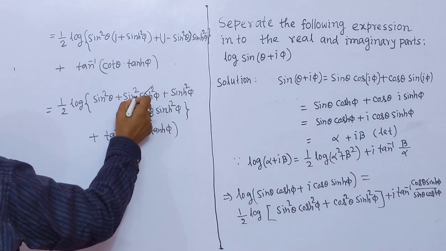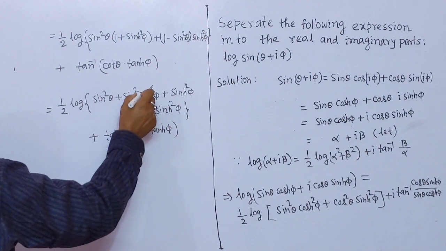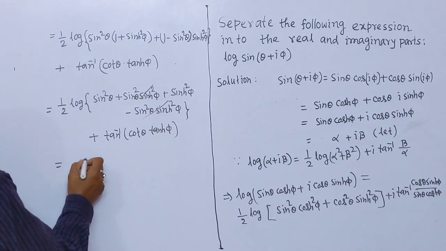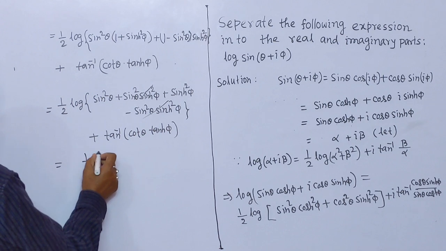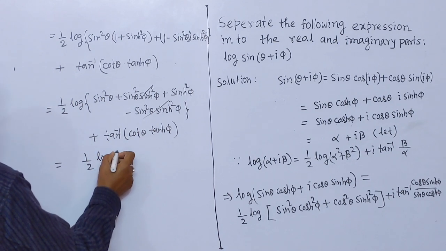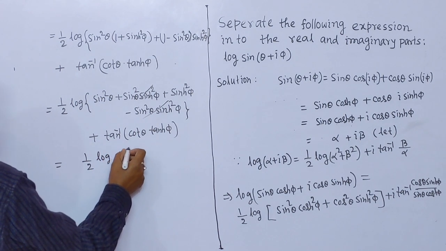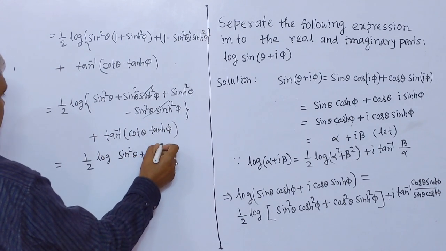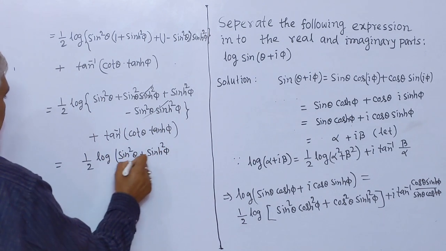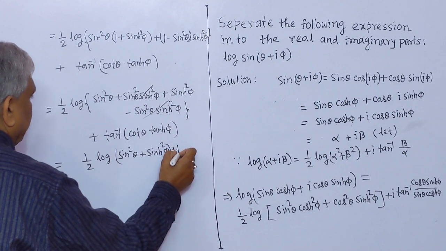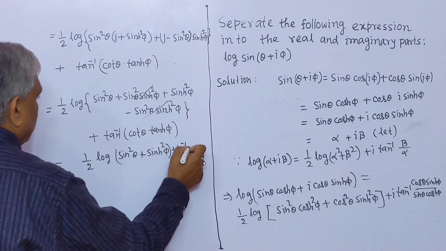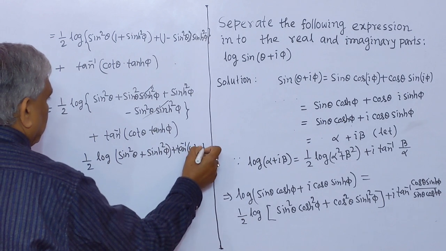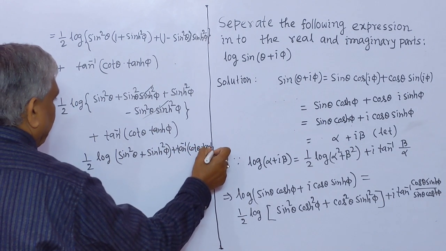This sin square theta sin hyperbolic square phi and this cancel, and this will be equal to half log sin square theta plus sin hyperbolic square phi plus tan inverse cot theta tan hyperbolic phi.